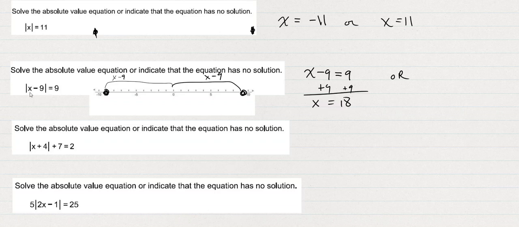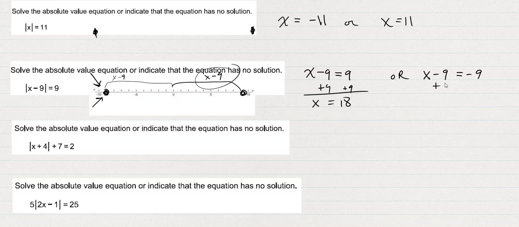Try that. If I put an 18 in here, I get 18 minus 9 is 9, and the absolute value of 9 is 9. So that's when the x minus 9 equals 9, but x minus 9 could also equal the opposite of 9. So if x minus 9 equaled the opposite of 9, then x minus 9 is still 9 units from 0.